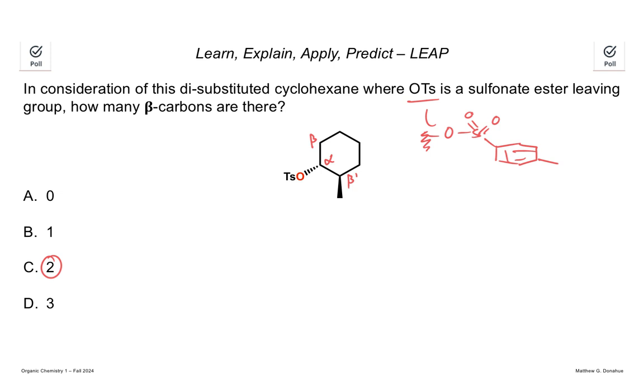And again, for the purposes of this mechanism, we're only really concerned with the beta carbons. So it's however you want to do it, just make sure you're going out onto these different branches or paths of the carbon chain, and you're not considering anything beyond beta.